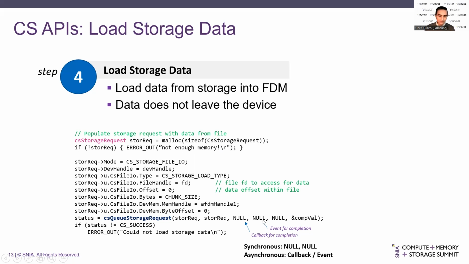So you have these 3 options as completions. The next parameter is a pointer in case you want to cancel this I/O in the future. And the last parameter is, when this API completes, it can return up to a 64-bit completion value, plus any results and any additional data buffers that may be passed down to the compute later on. So this is your queue storage request.